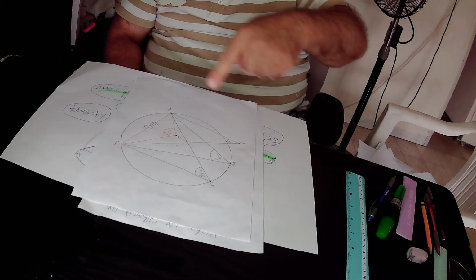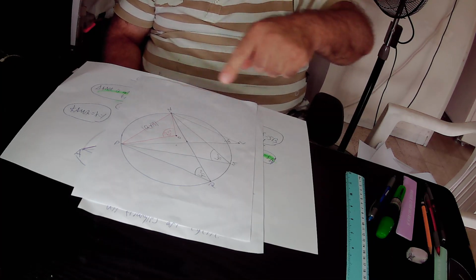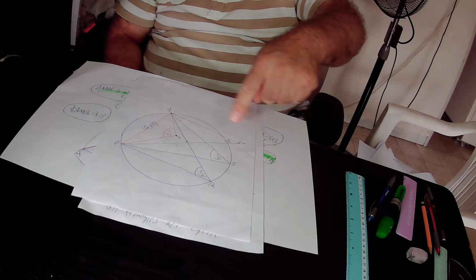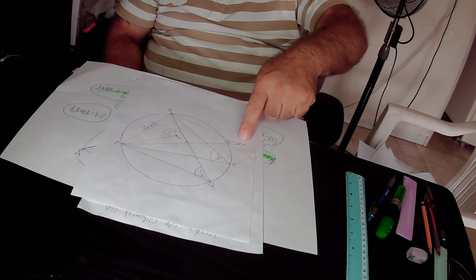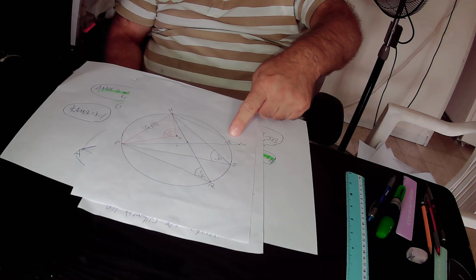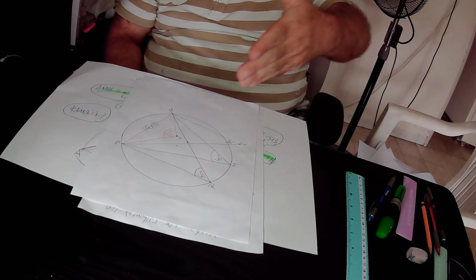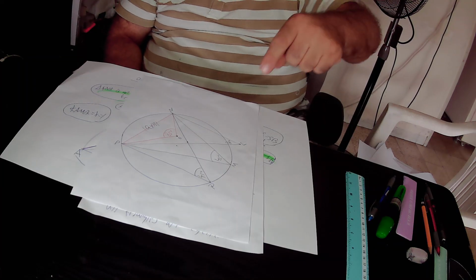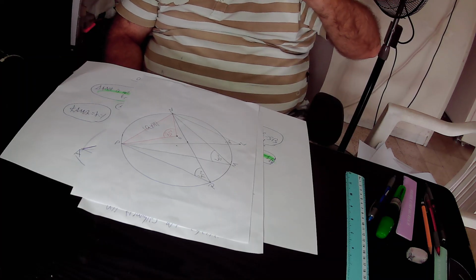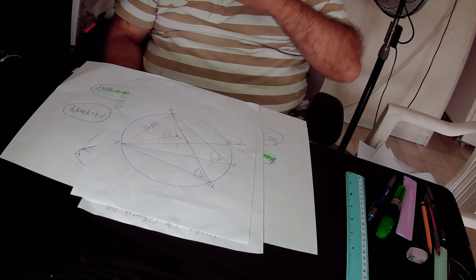Like this angle NLP that subtends on NP. Its vertex is located outside the circle, and the size of angle NLP is 39 degrees, which is less than 45 degrees. It is true about all the angles whose vertices lie outside this circle. They will be less than 45 degrees.